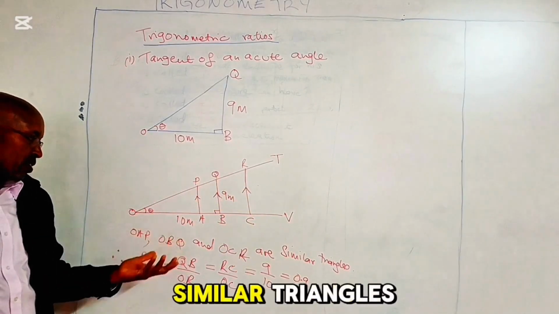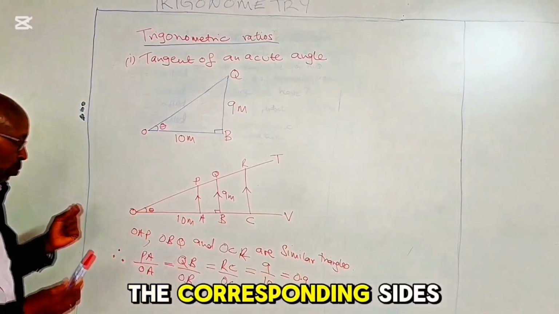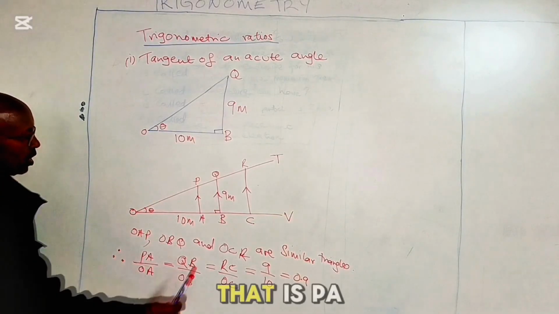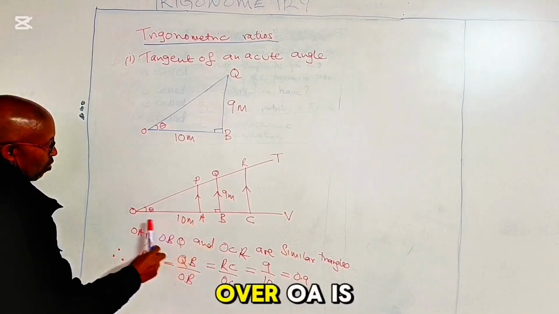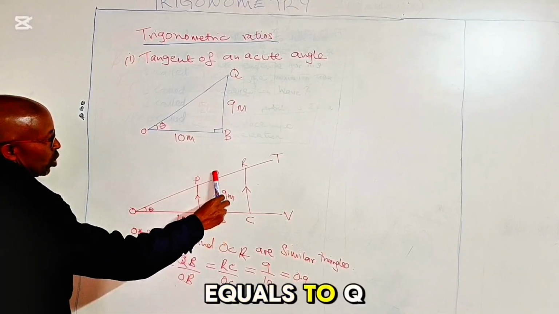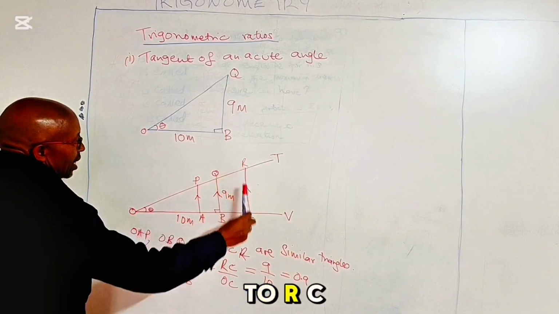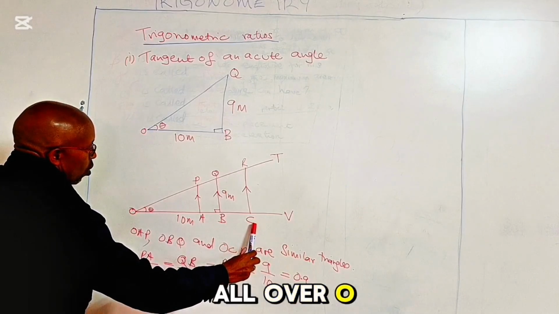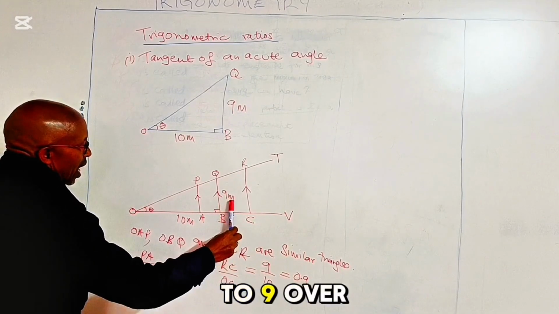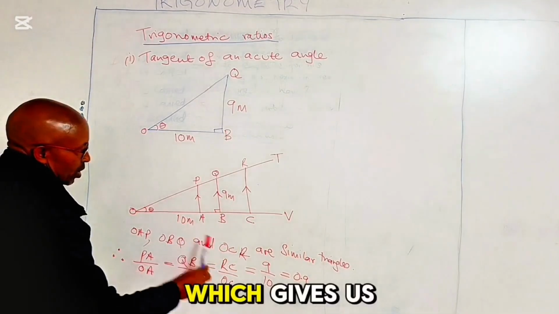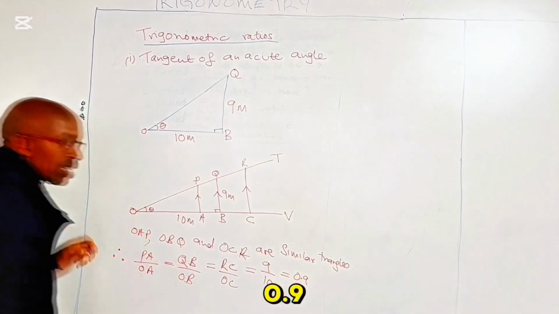When we have similar triangles, the ratio of the corresponding sides is equal. That is, PA over OA is equal to QB over OB, which is equal to RC over OC, which is equal to 9 over 10, which gives us 0.9.